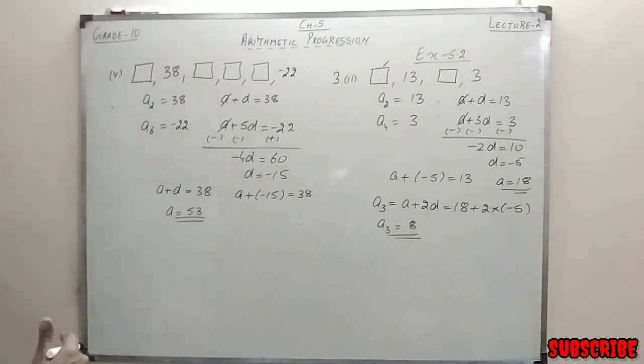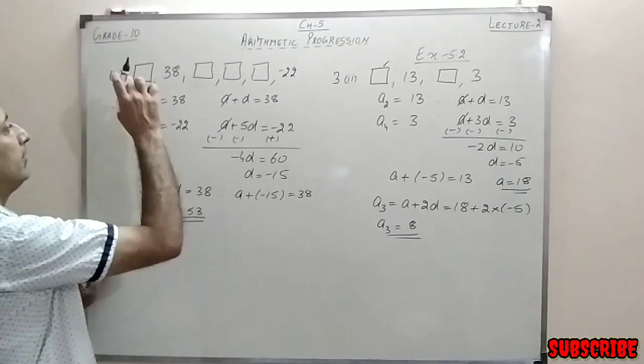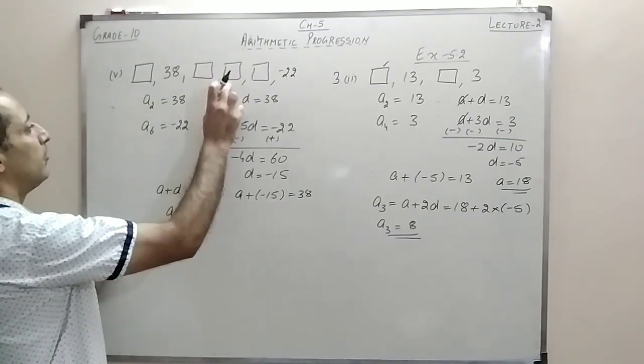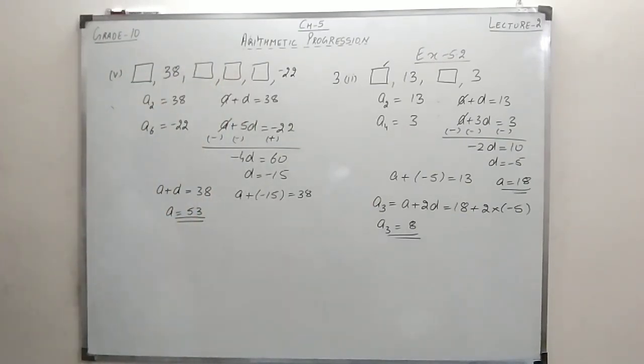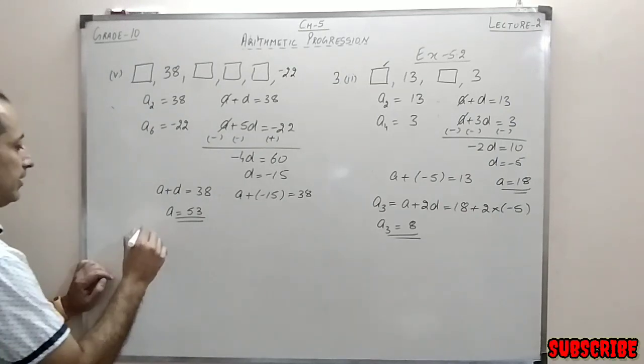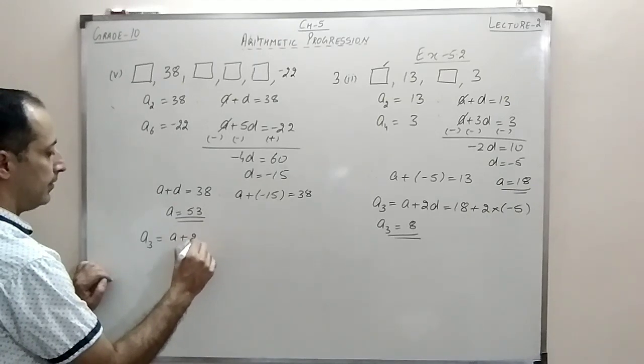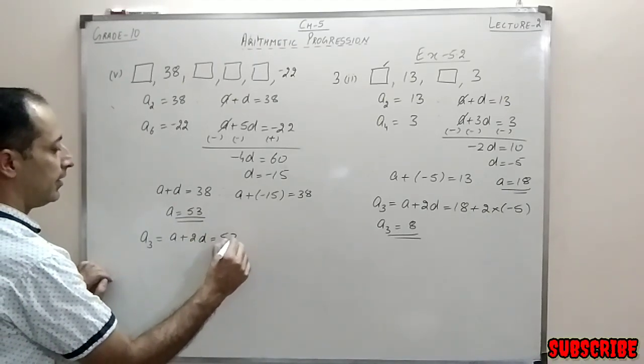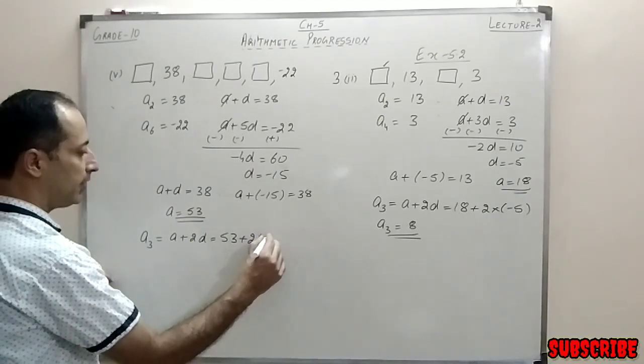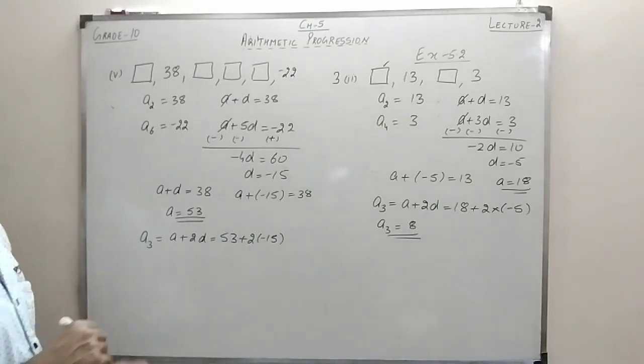Right? Now what next? I have to find the first term, the third term, fourth term, and again then the fifth term. Right? So now the third term, A3, A plus 2D. So this is 53 plus 2 into minus 15. Right?